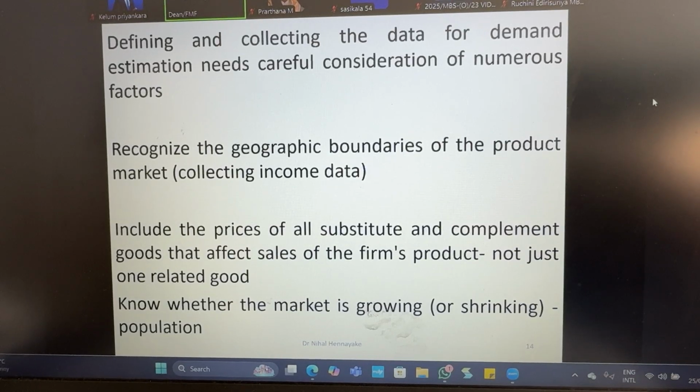Okay. Suppose that I'm choosing a product like this. I want to estimate the demand for television set, TV. What do you think? Did I define the product very clearly? Yes or no?